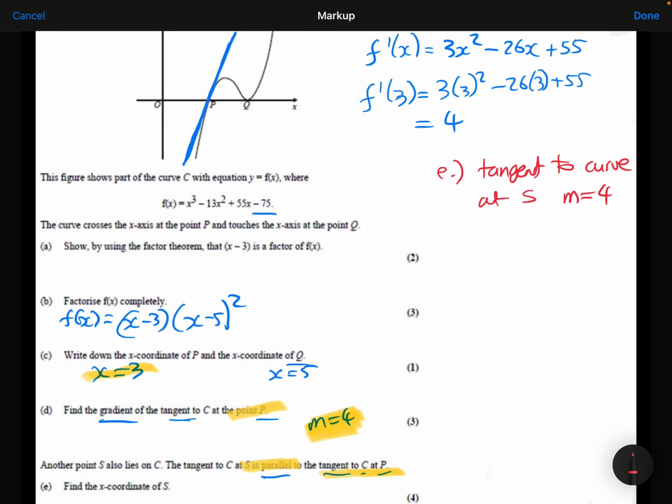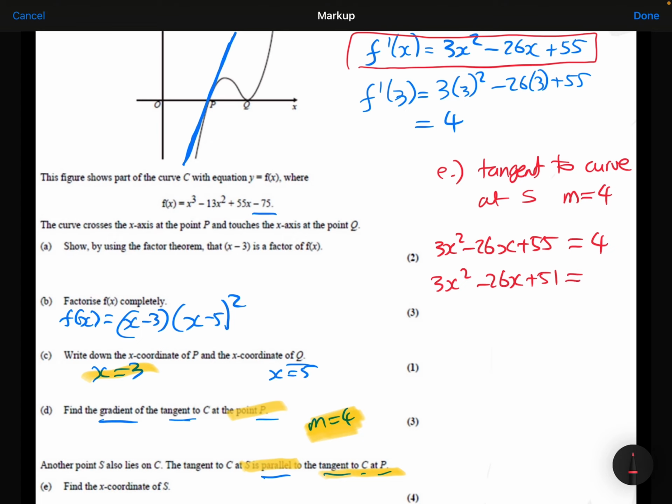So if I take the gradient function of the curve and make that equal to 4, because I know the gradient is 4 at point S, then I can rearrange this equation. And now I can solve it by factorising. Or you can use the quadratic formula if you'd prefer.